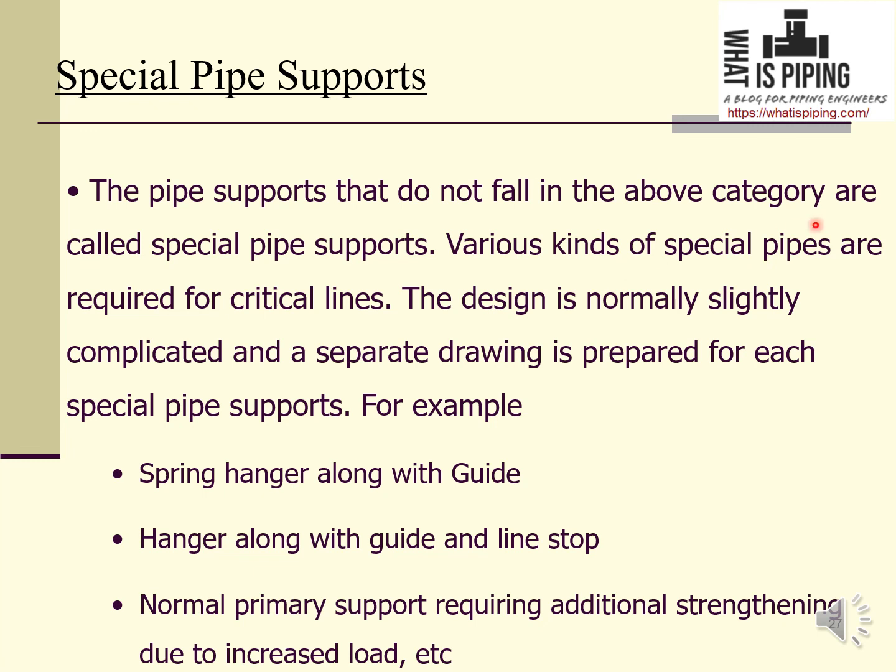Various kinds of special pipe supports are required for critical lines. The design is normally slightly complicated and a separate drawing is prepared for each special pipe support. For example, spring hanger along with guide, hanger along with guide and line stop, normal pipe support requiring additional strengthening due to increased loads, etc.